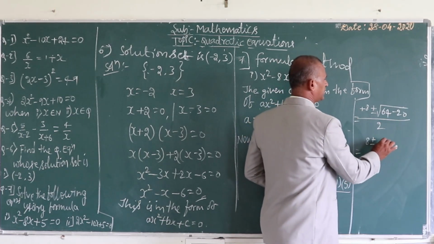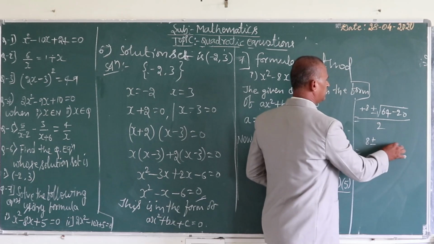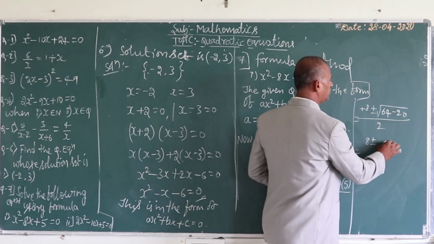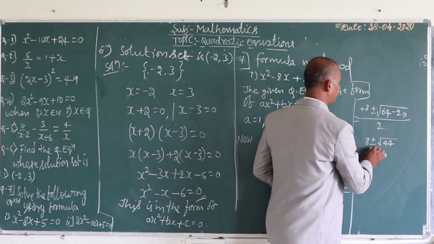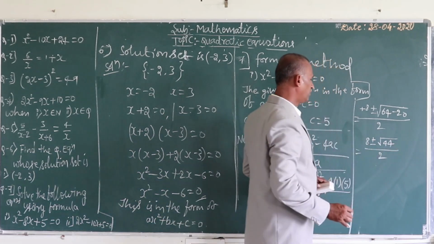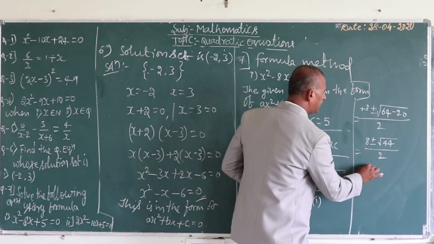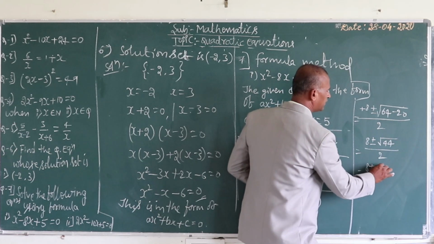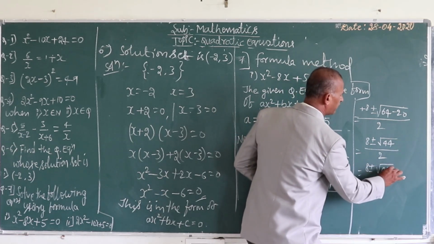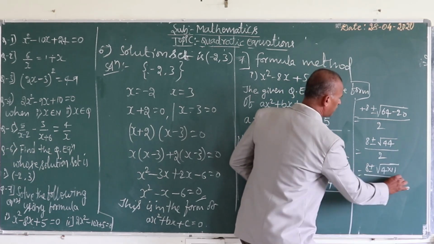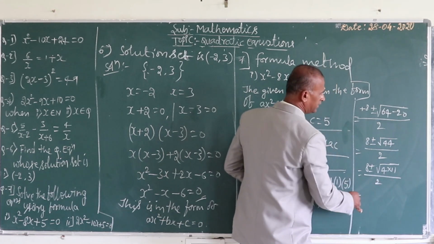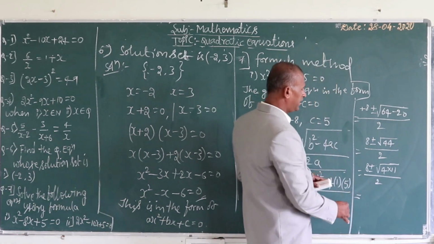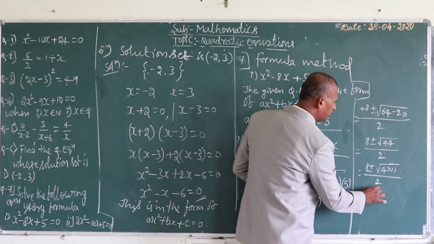8 plus or minus root of 64 minus 20, that is 44, by 2. This we can write as 8 plus or minus root of 4 into 11, by 2.